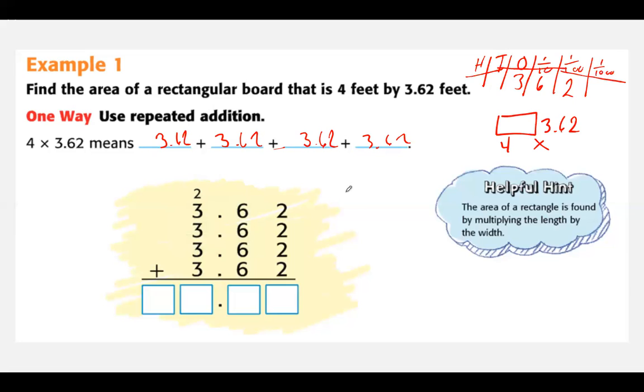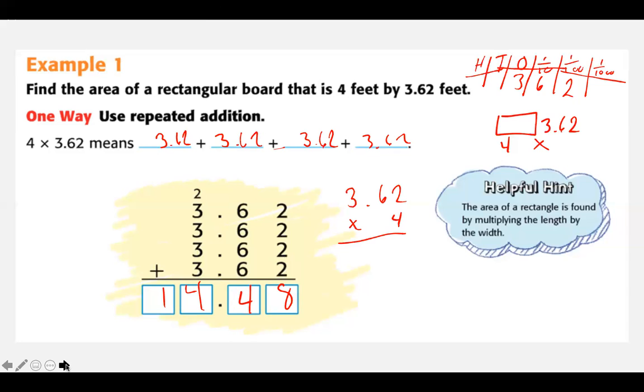Wouldn't it be much faster just to do this? Well, yes, it would. 2, 4, 6, 8, that's 24. That's 3, 6, 9, 12, plus 2 is 14. So our answer is 14 and 48 hundredths, okay?